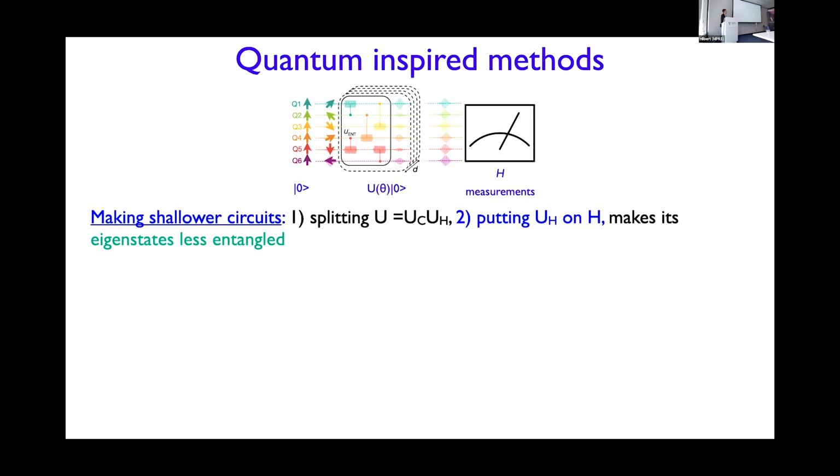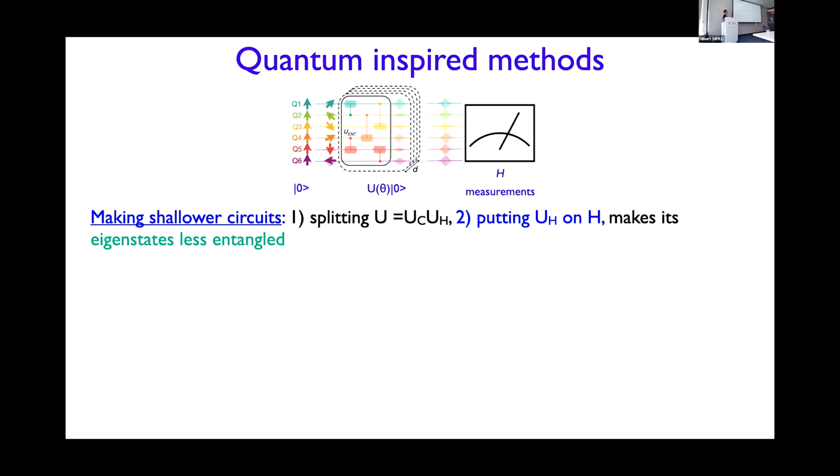Since we are struggling with the errors in the circuit currently because there's no error correction, we can split some of these unitary transformations that we originally thought about putting on the circuit. We split them, and some part of it will be put on the Hamiltonian, right? Because you can always present a product of two unitaries as a unitary, right? So you take part of that unitary I was talking about and put it in the Hamiltonian.